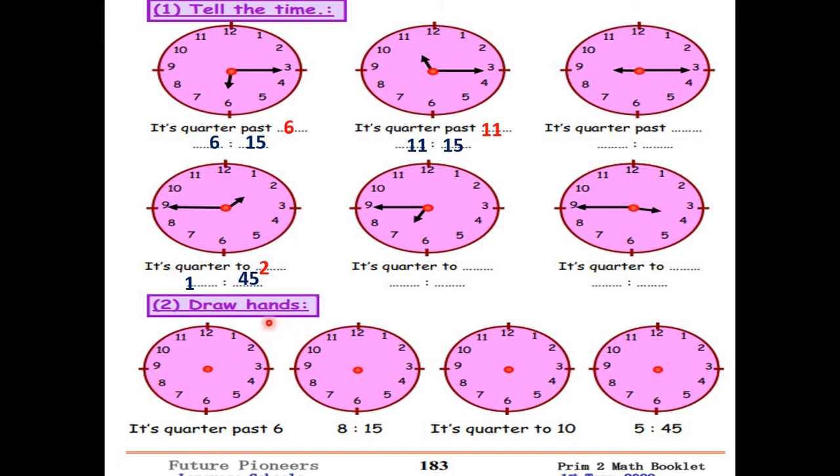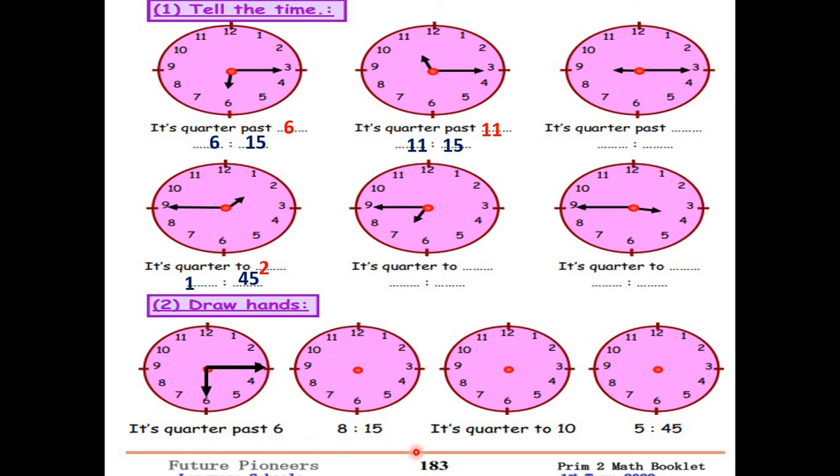Here, draw the hands. The first one is a quarter past 6. When we see the words quarter past, it means that the long hand points at, you remember? Exactly, at 3. Past 6, that's the hours. So the short hand points at 6.